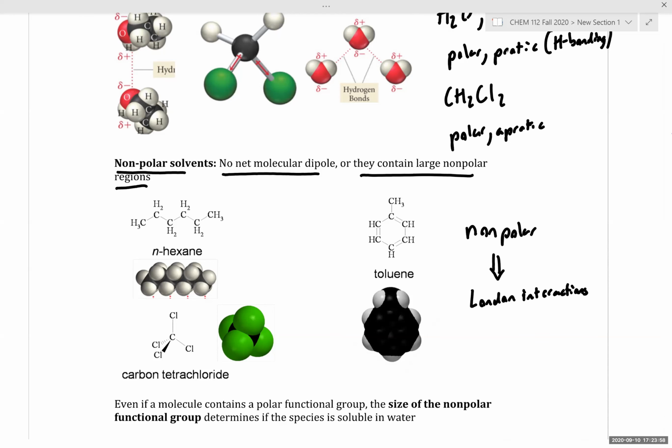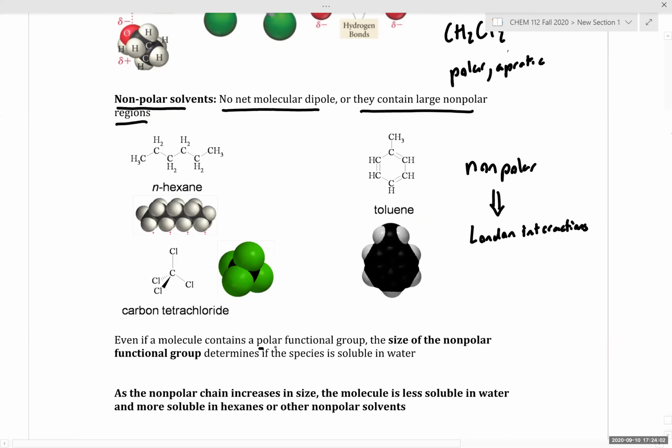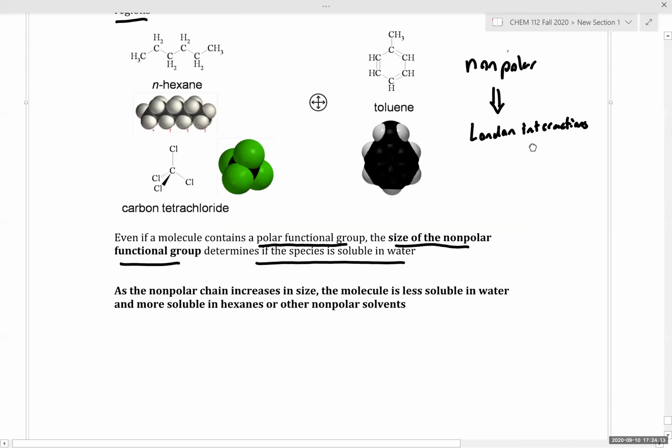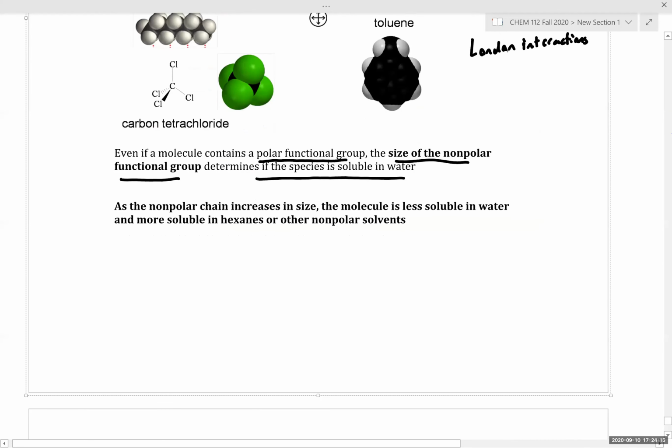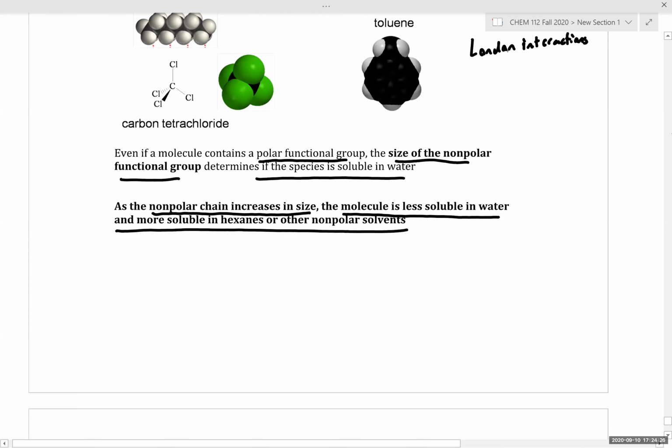Okay, so even if a molecule contains a polar functional group, the size of the nonpolar functional group determines if the species is soluble in water. So for example, as we discussed in lab with our 4 to 5 carbon rule, as the nonpolar chain increases in size, the molecule is less soluble in water and more soluble in nonpolar solvents.